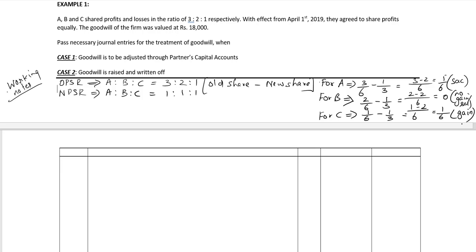So let's pass the necessary journal entries. Journal entries in the books of the firm.